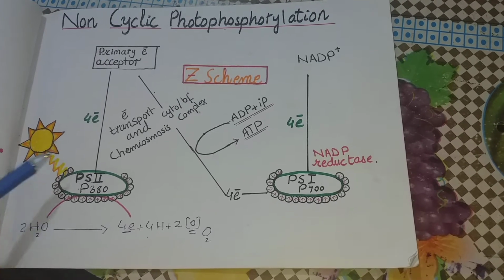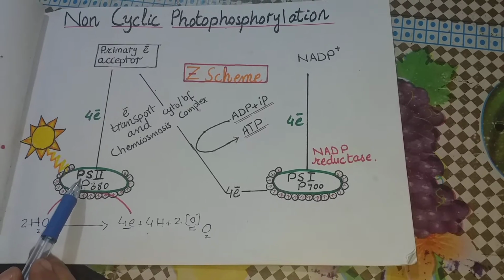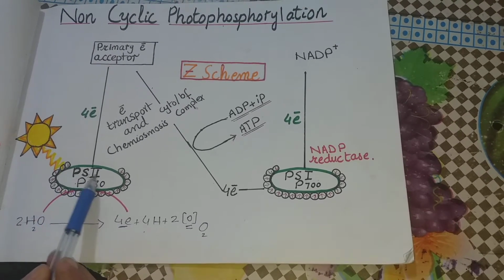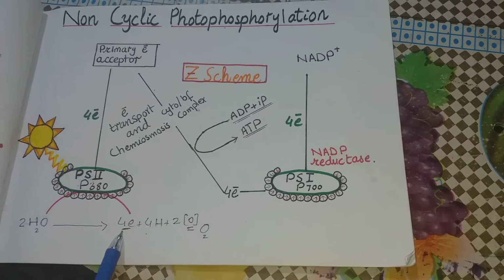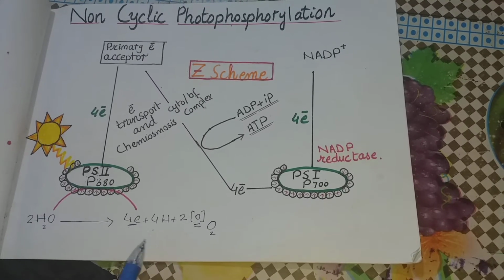As a result, there is a space of 4 electrons, which is known as an electron hole. This space is filled with the electrons which we get after photolysis. These electron holes are filled by the 4 electrons produced by the photolysis of water.